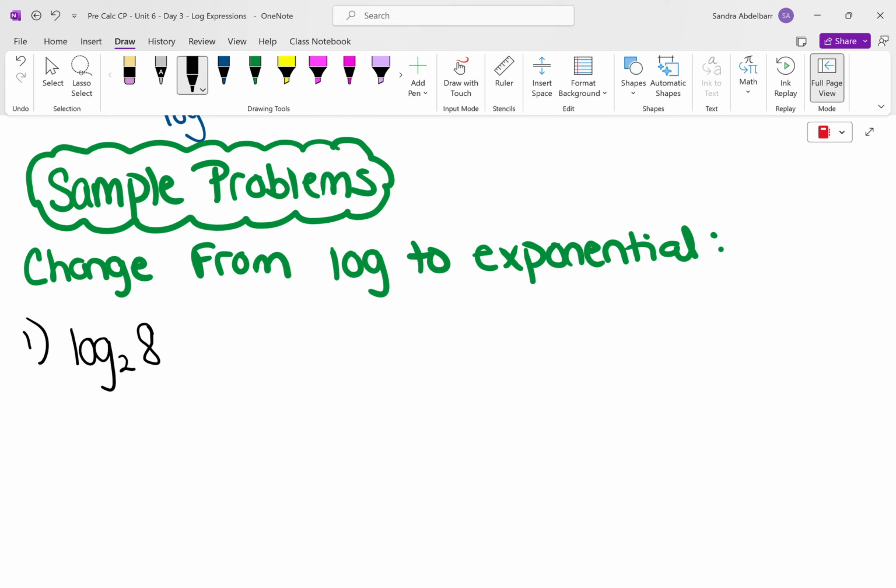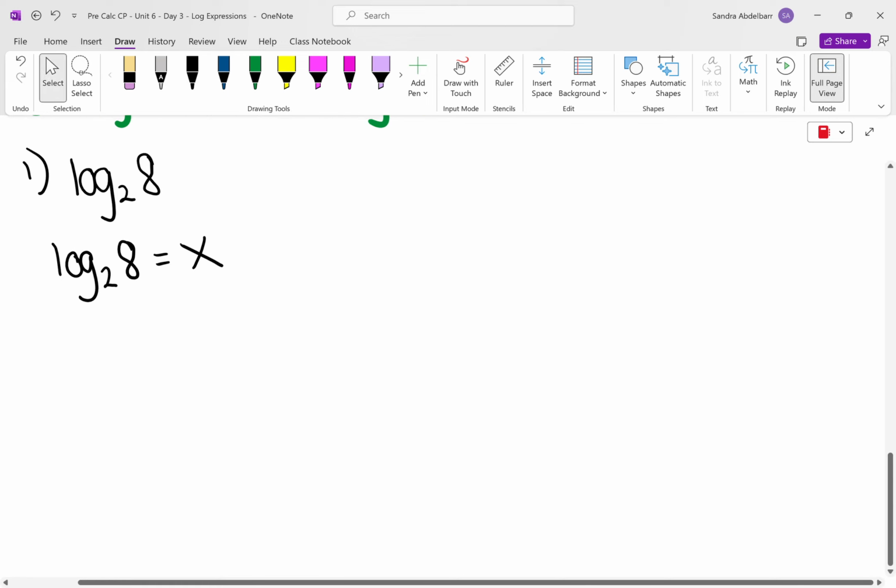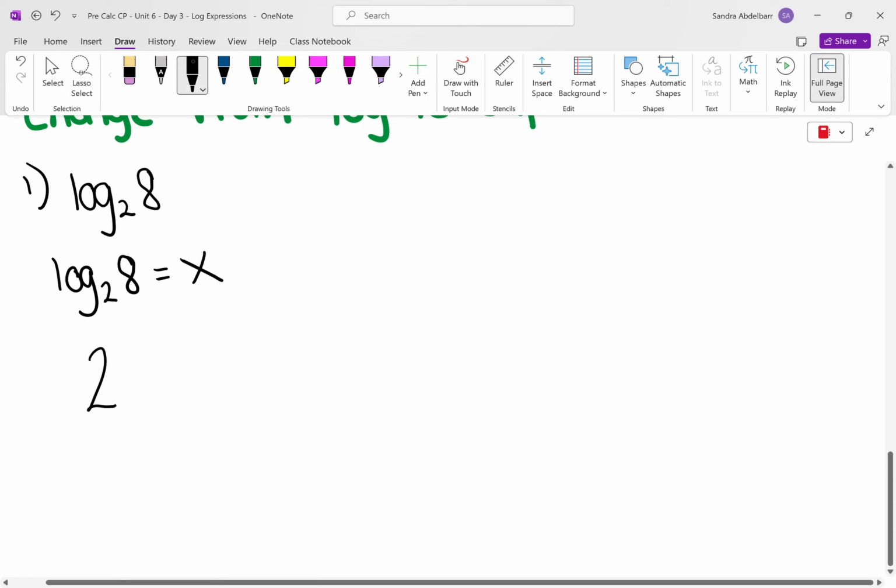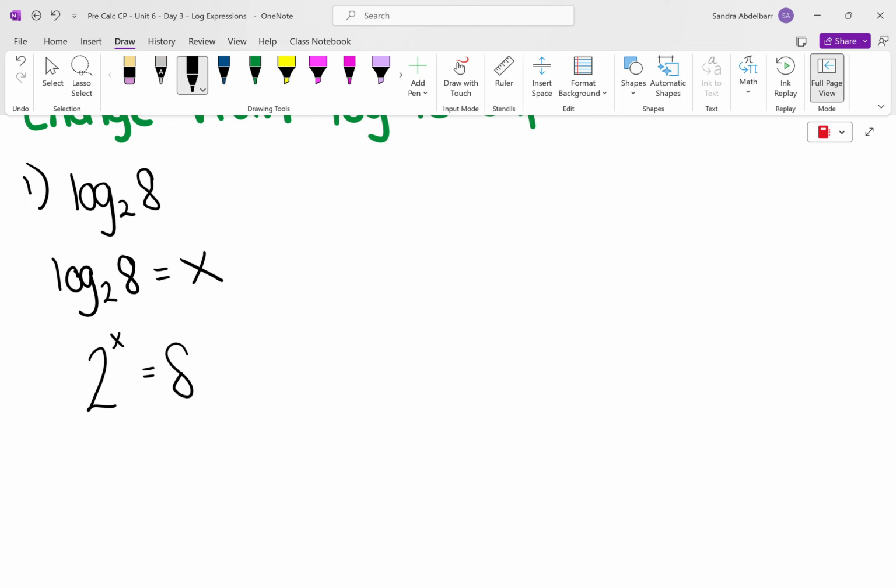Okay, so in this one, we have our base, we have our argument. What does the argument represent? Our answer. What are we missing? The exponent, right? So if you get confused, you could put log base 2 of 8 equals x. So now we're going to change this into exponential. So it's going to be 2 to the x is equal to 8.